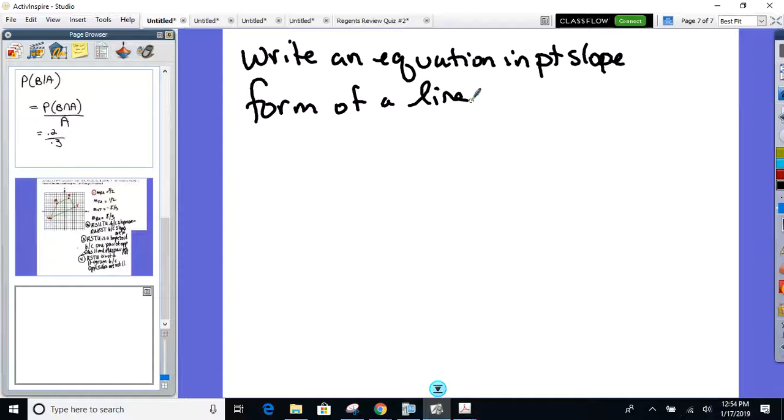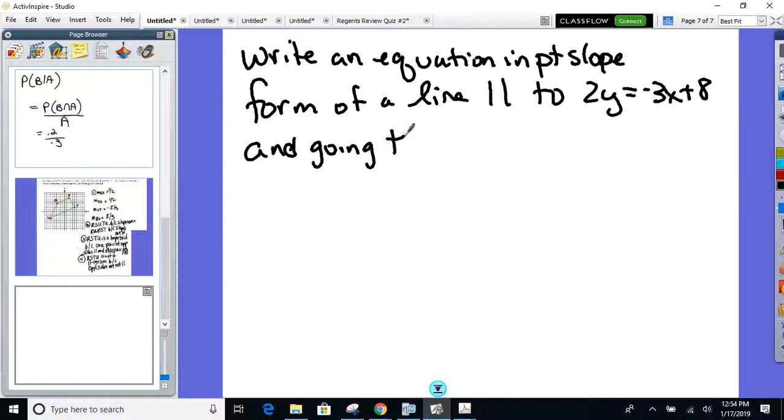You pick, Emily. Parallel or perpendicular? Okay. Of a line parallel to 2y equals negative 3x plus 8. And going through, give me a random point, Emily. I have no idea how this is going to turn out. It could be the sloppiest of fractions we've ever seen. But we have templates that handle it.